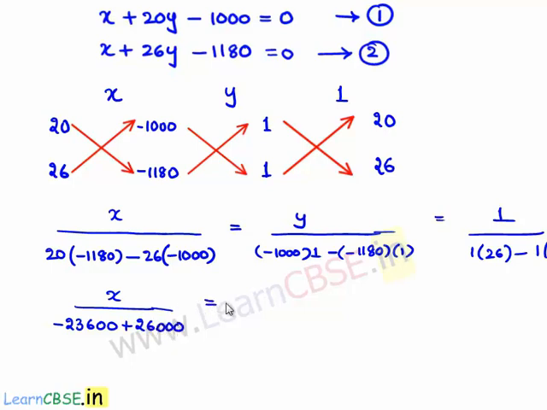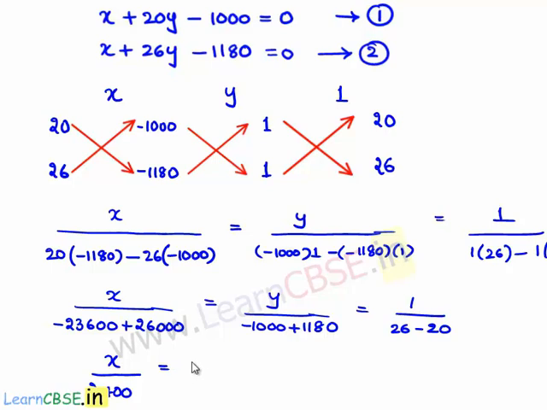This is equal to Y divided by minus 1000 plus 1180, which is equal to 1 divided by 26 minus 20. So we'll be getting X divided by 2400 is equal to Y divided by 180 is equal to 1 divided by 6.